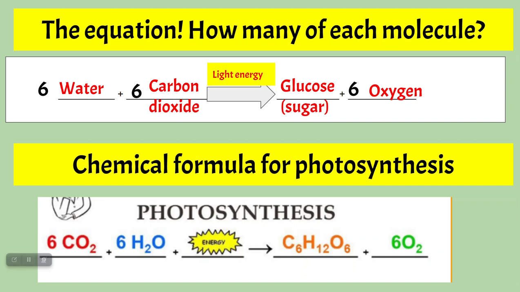This whole big honker molecule with all of those atoms is glucose. It's a type of sugar. And we also ended up with 6 oxygen molecules. Okay, so you want to know these numbers: 6 carbon dioxide, 6 water, 1 glucose, and 6 oxygen.